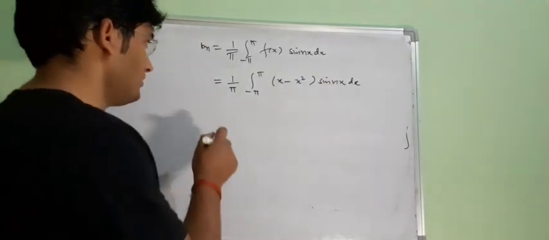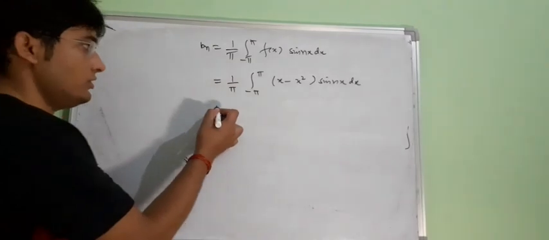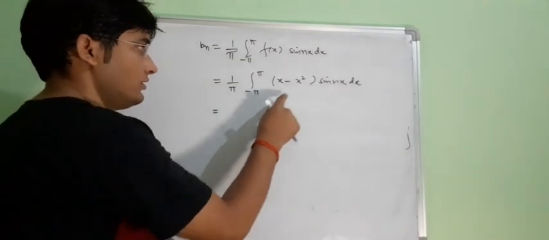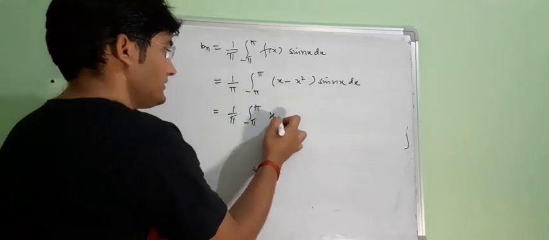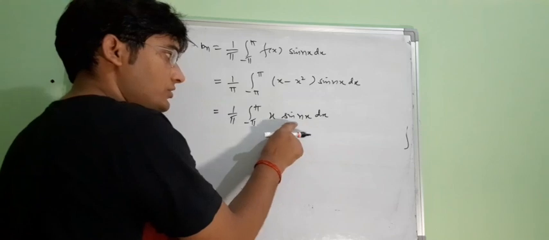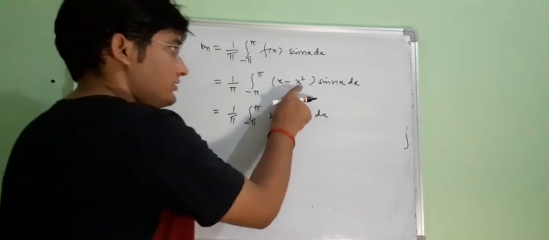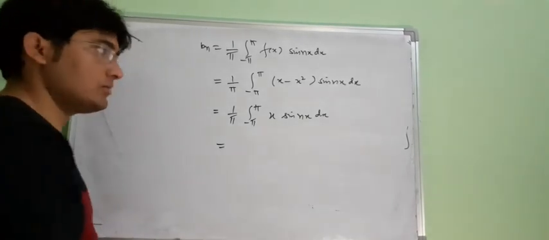So this will be 1/π ∫ from −π to π of x sin nx. Now this is odd and that is odd, so the product is even, and here x² is even and sin nx is odd, so their product will be 0 because the product is an odd function.